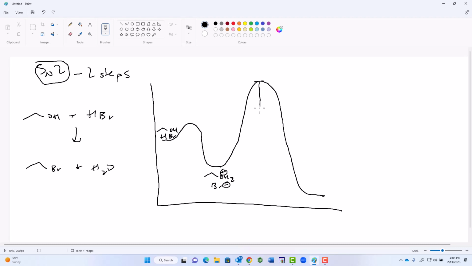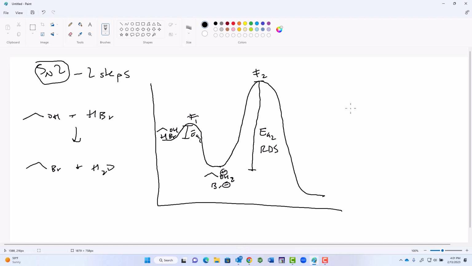But this is going to be our high activation energy. So to indicate here, this is EA1, and this is our transition state. This is EA2, and this is our transition state. This is going to be our rate determining step here, this nucleophilic attack, and this is also designated by the structure.